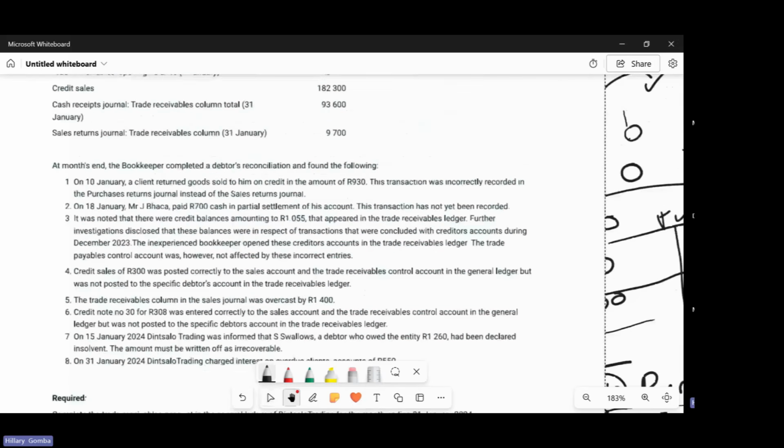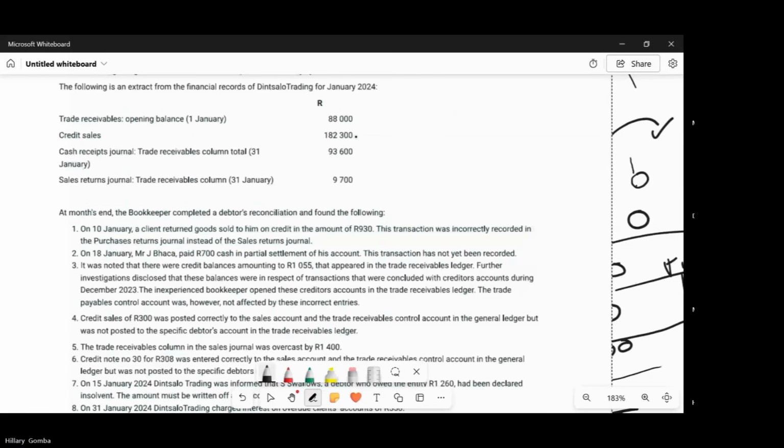How much do you get if you subtract 182,300 minus 1,400? How much do you get? 180,900.